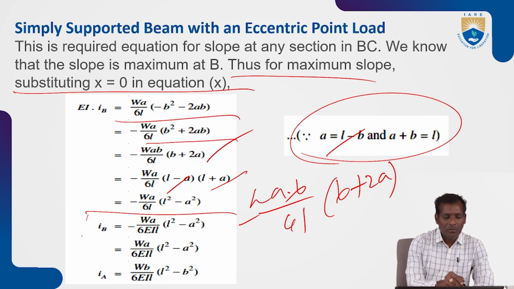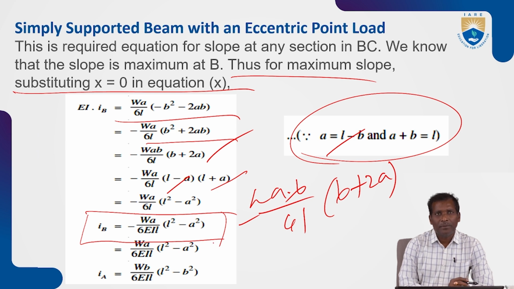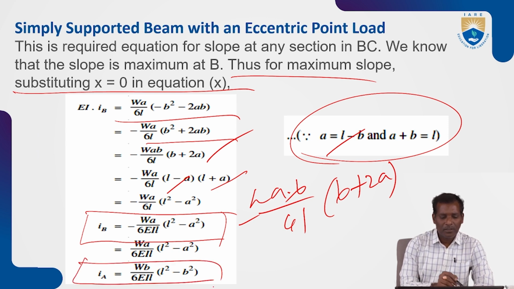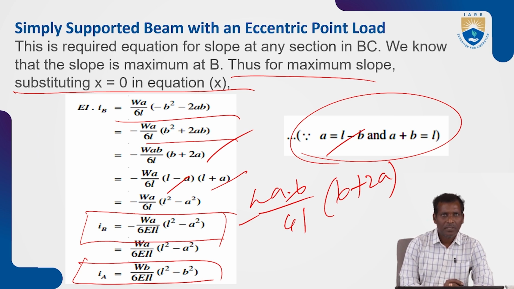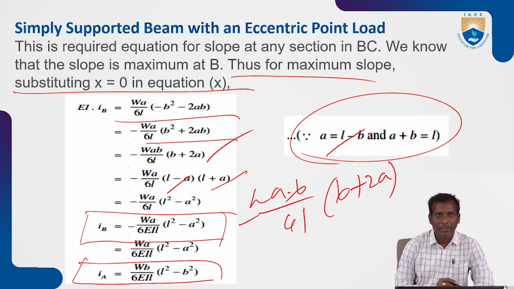So now the slope at B is equal to minus Wa by 6EIL into L square minus a square. At A, Wb by 6EIL into L square minus b square. At A and B.